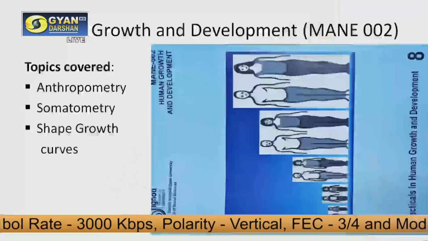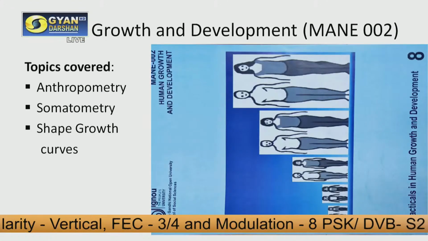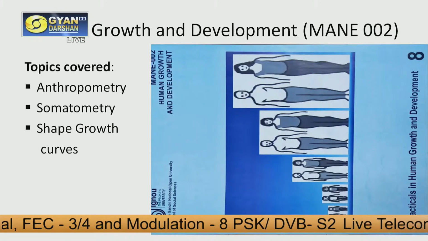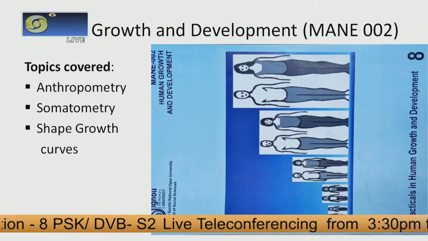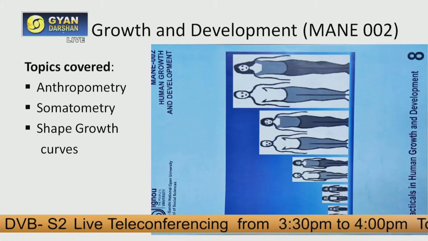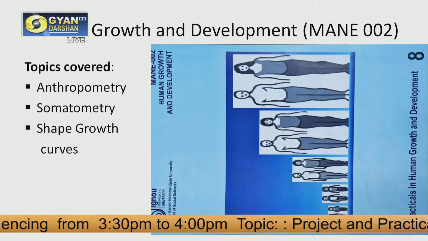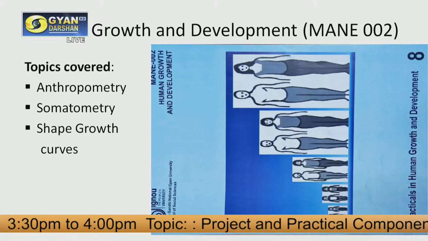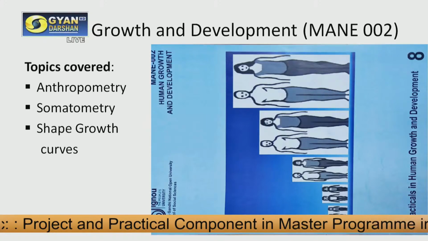Then, coming to the course human growth and development. Here also we have practicals. Block 8 talks about different kinds of practical components in this course. For example, the first one is anthropometry. What is anthropometry?